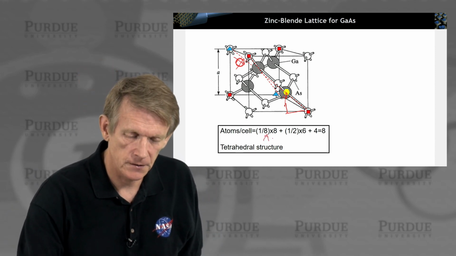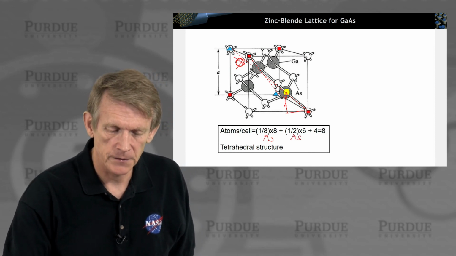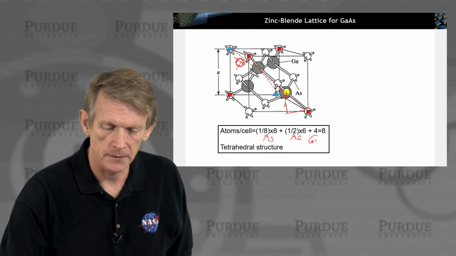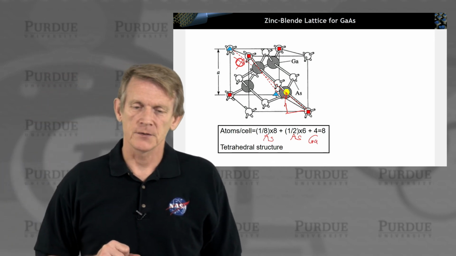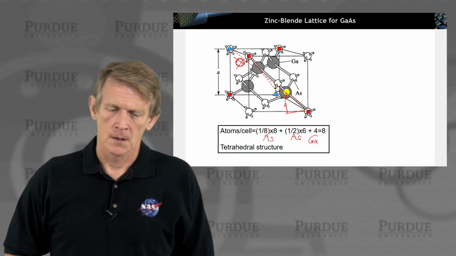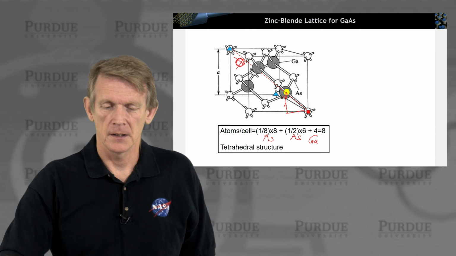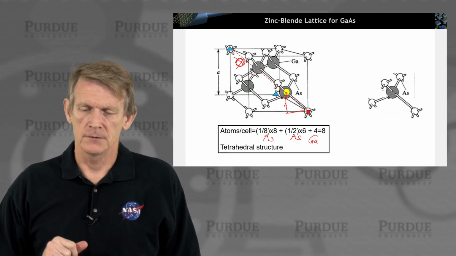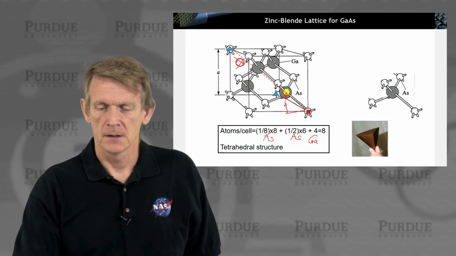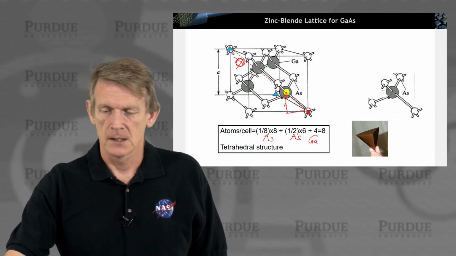So here we have arsenic, and then on the surface we have arsenic, and then we have the gallium atoms here. So in total, we have 8 atoms in this unit cell. And it's arranged in a tetrahedral structure, as you can see if we pull this out here. So this builds a tetrahedron, and we of course have seen tetrahedrons like this.